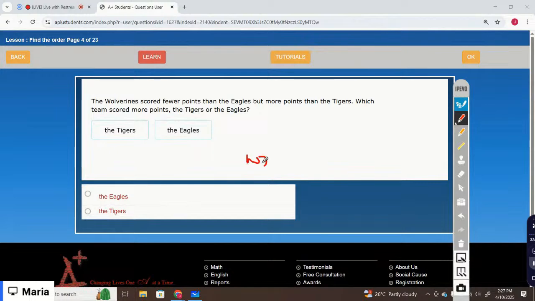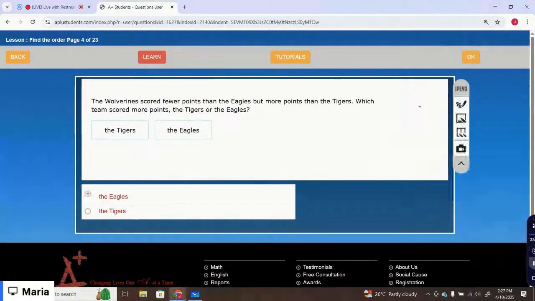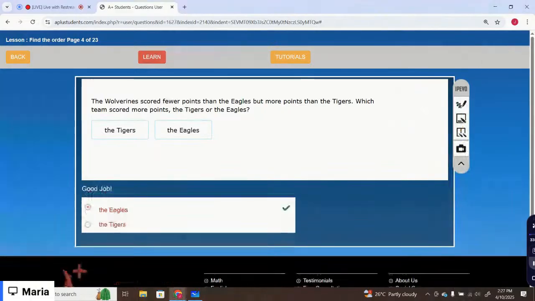Wolverines scored fewer than the Eagles, but more than the Tigers. So which team scored more points? The Eagles did. That is the correct option, the Eagles.